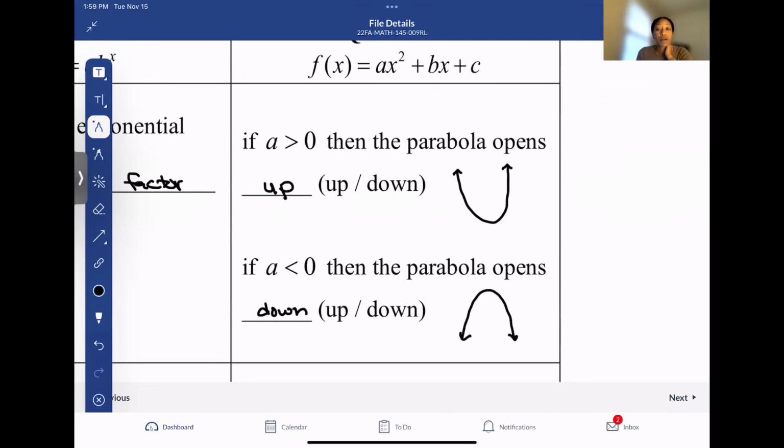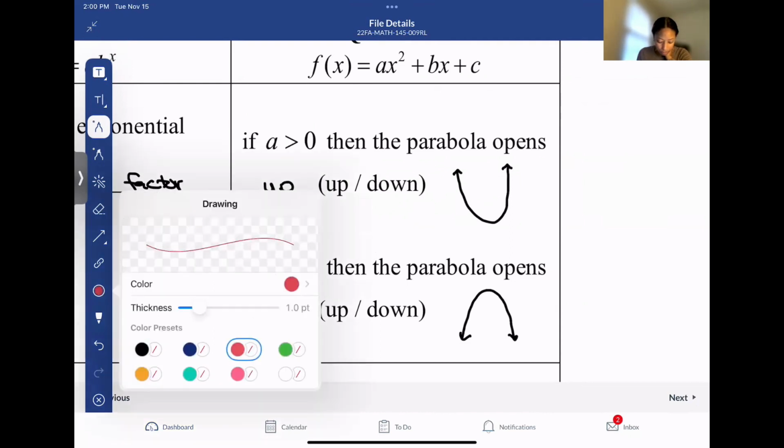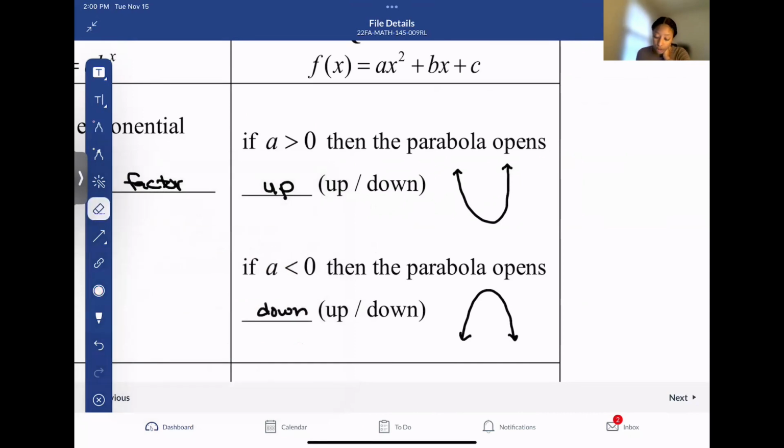Being able to determine if our parabola opens upward or downward is very important because this changes whether our vertex is a maximum or minimum. For an upward opening parabola, the vertex is a minimum point, so it's the smallest possible point on the graph.